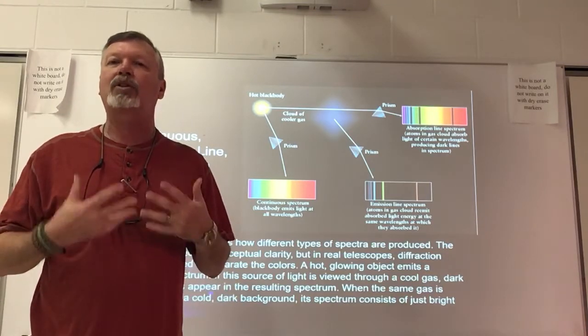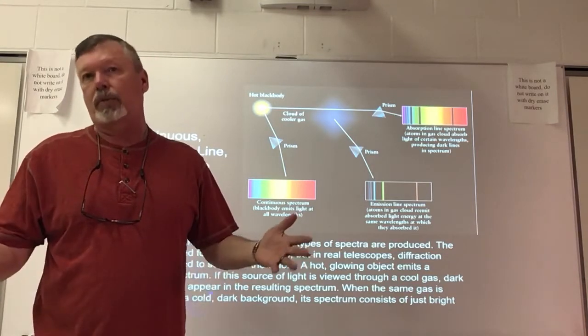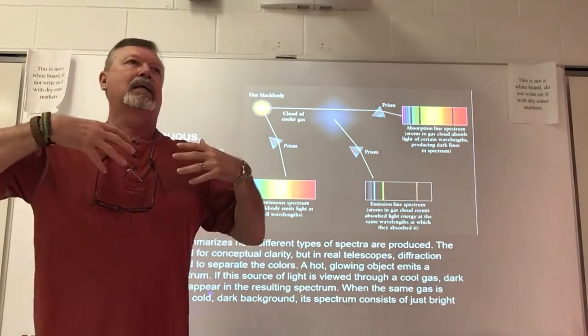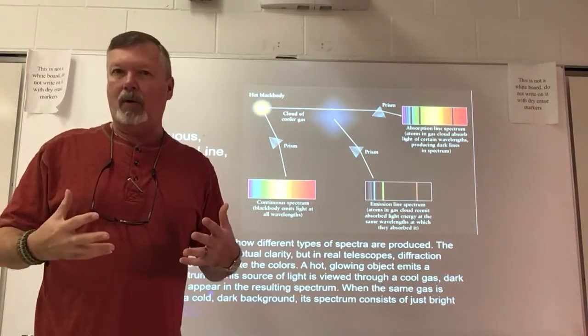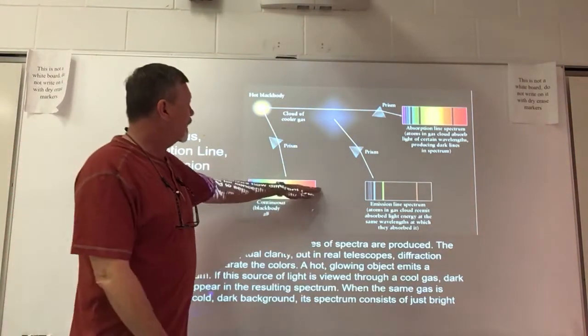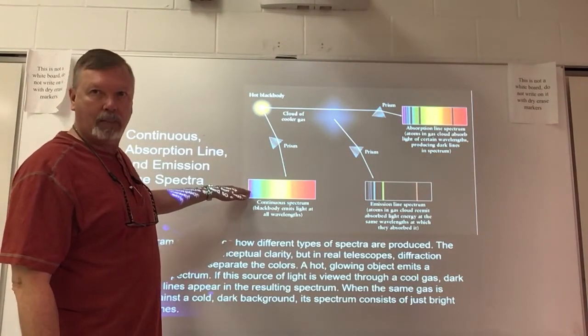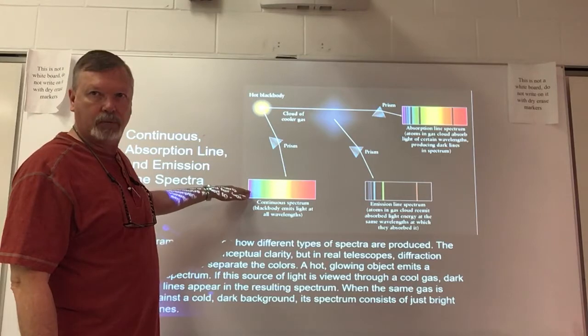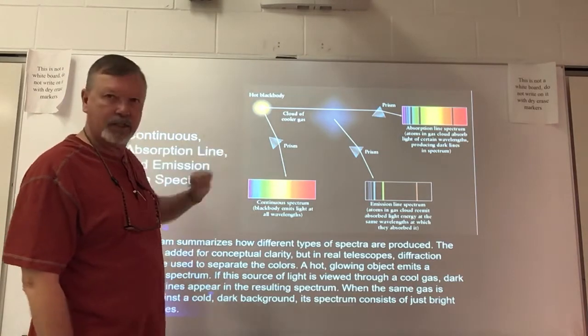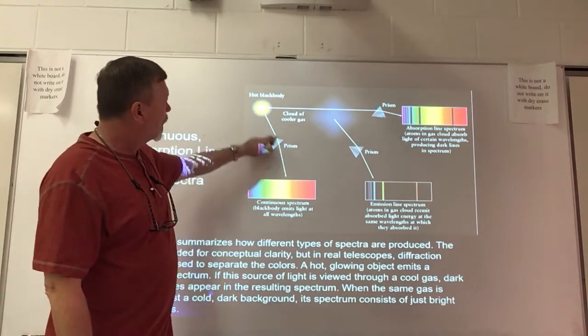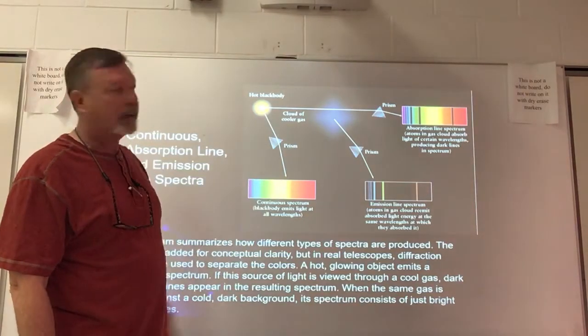Almost everything in astronomy is a white light source, okay? So for us, yeah, I know that already. But if I get the rainbow of colors, I know I'm looking at a white light source, in this case, the sun. These lines, guys, are showing you the source of light.